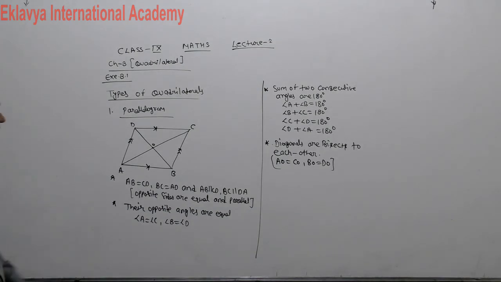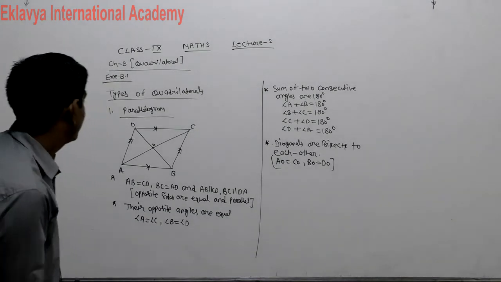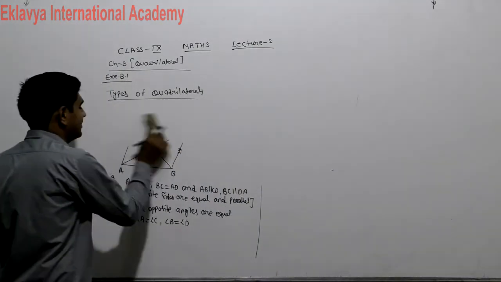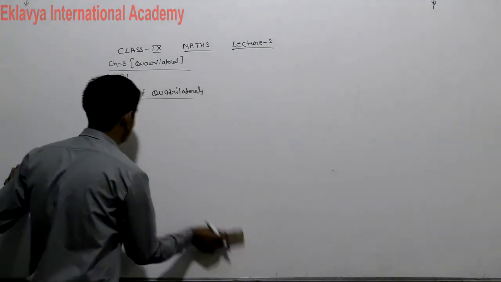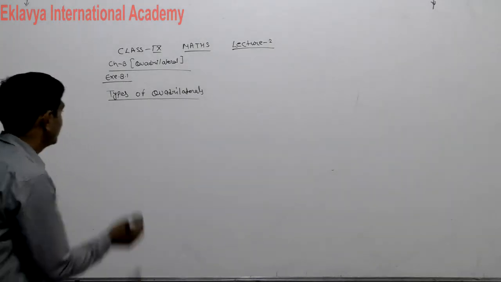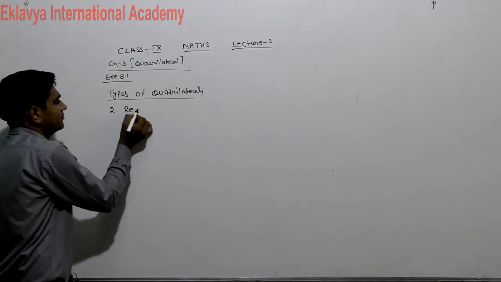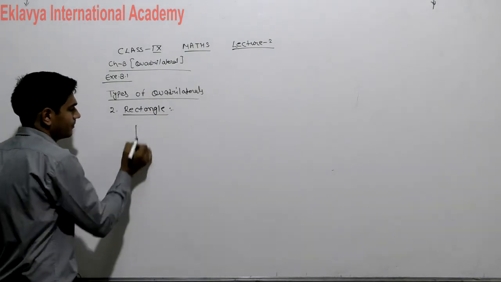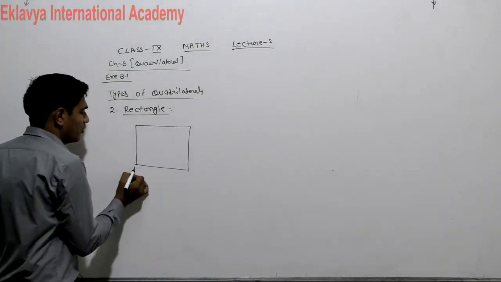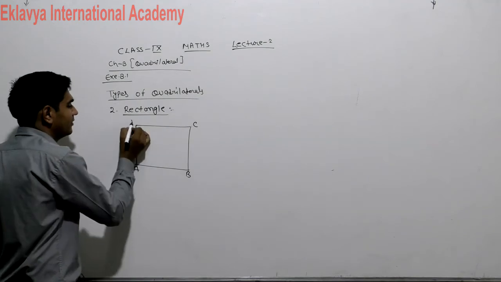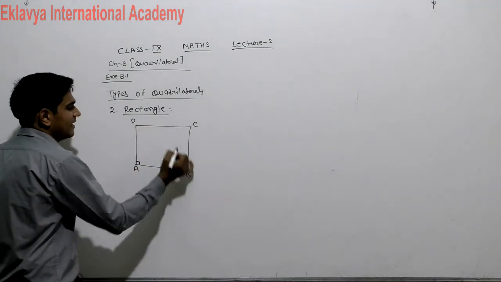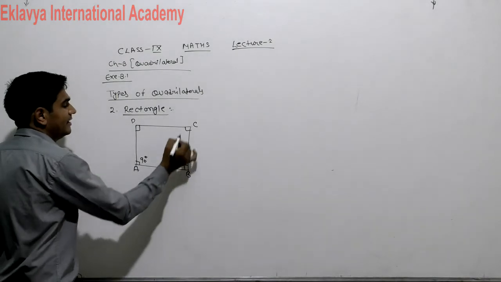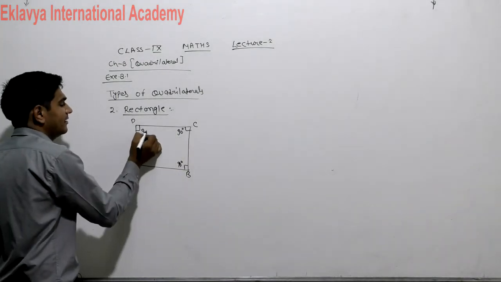Understand? Now next, second is the rectangle. The general properties of the rectangle: first, each angle is 90 degrees.